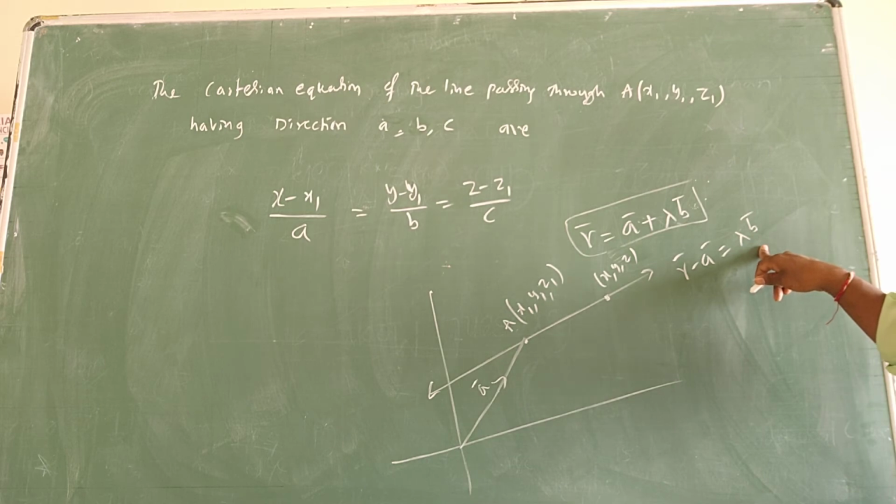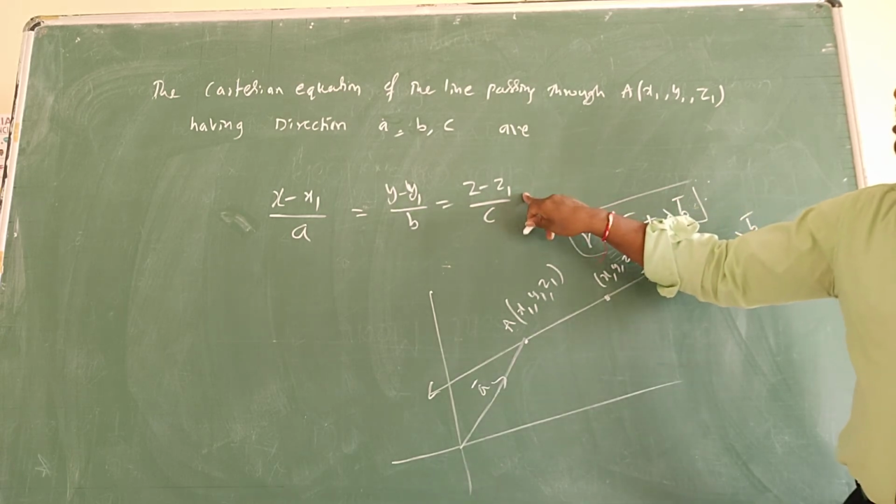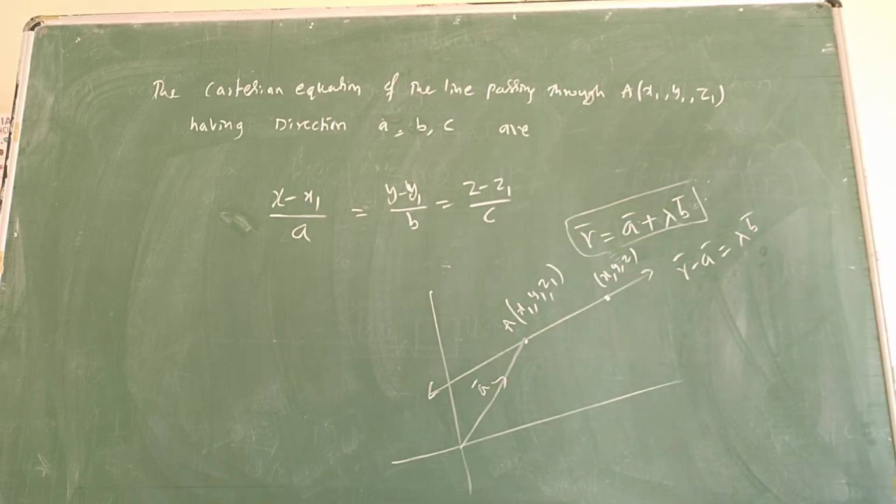If you compare them, x minus x1 is equal to lambda times A, y minus y1 is equal to lambda times B, z minus z1 is equal to lambda times C. So what I am getting here is x minus x1 by A is equal to y minus y1 by B is equal to z minus z1 by C is equal to lambda. This is called the Cartesian equation.